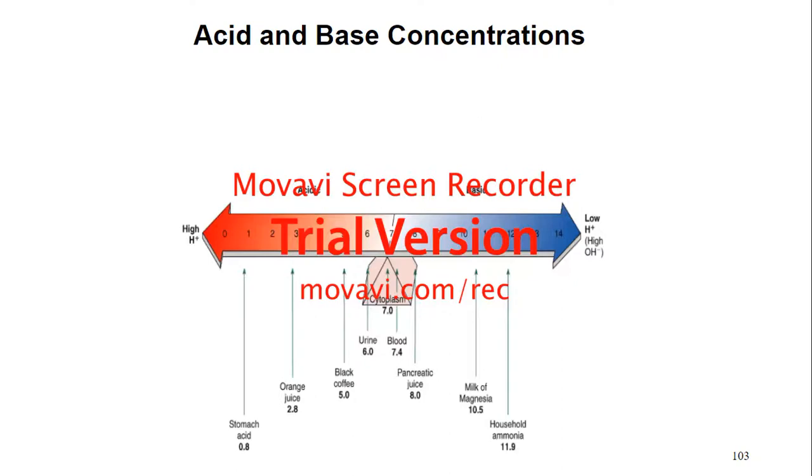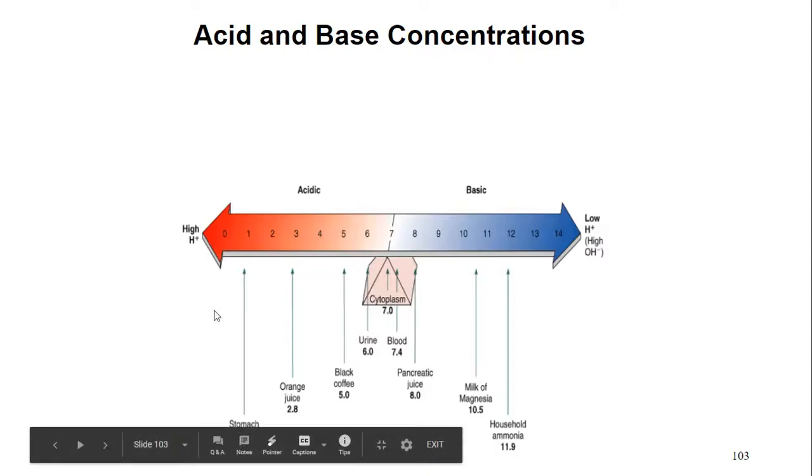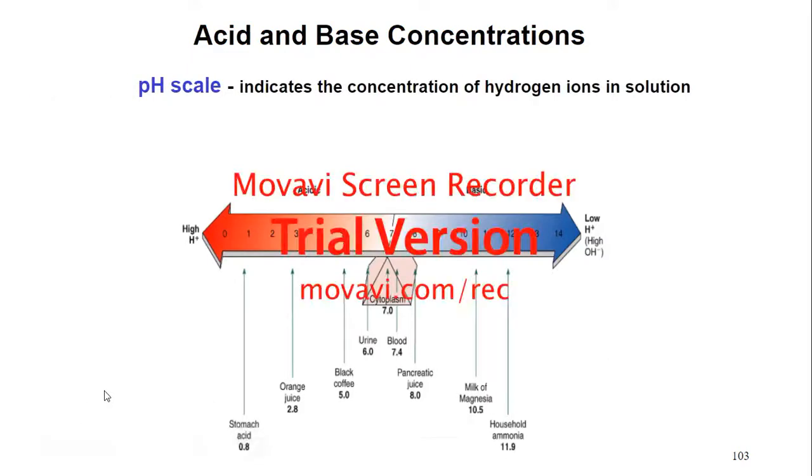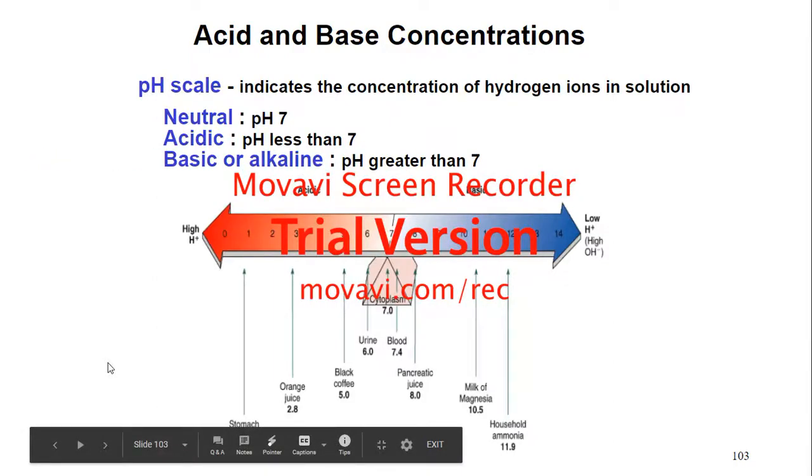Pancreatic juice is around 8, so that's basic. And then ammonia is very basic, 11.9. That's just the writing, summarizing what I just said.